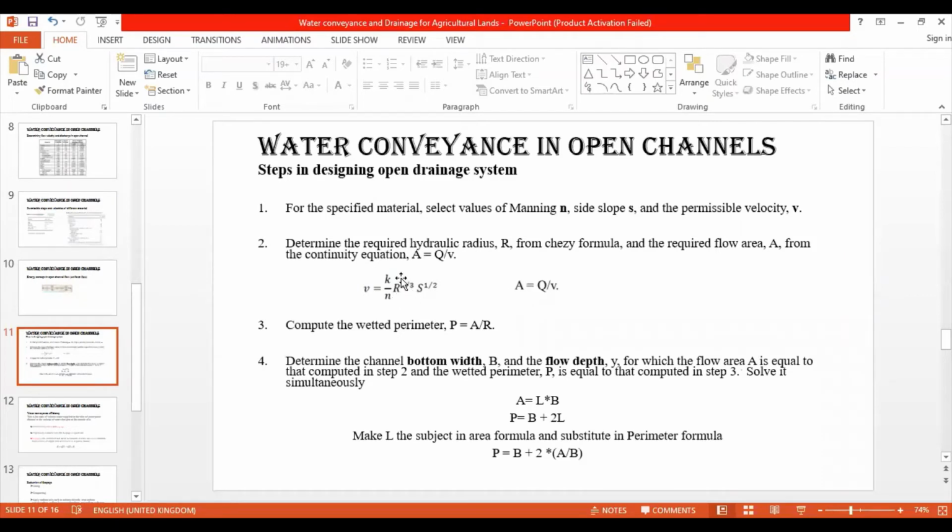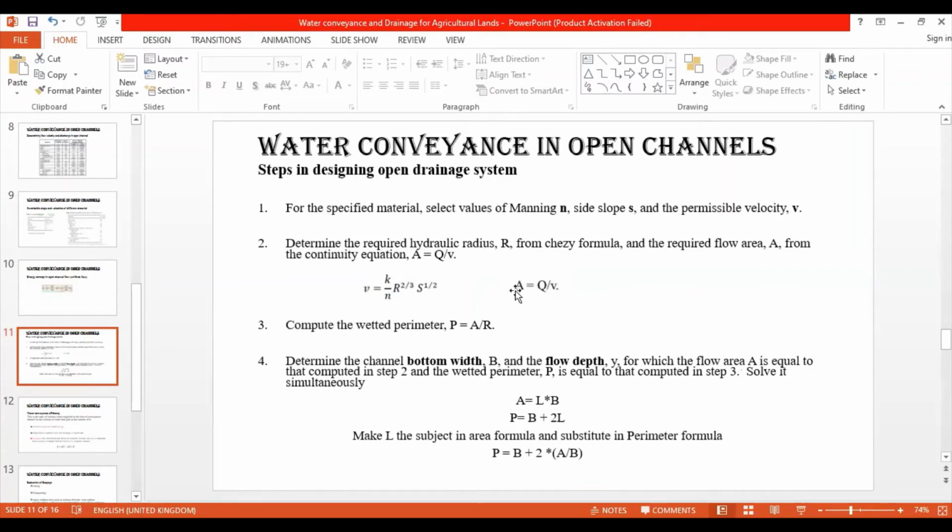Once you solve for your R, which is your hydraulic radius, you can also solve for your area, because you know that you need to deliver a certain amount of water, which is the discharge. When you divide the discharge by the permissible velocity, you get your area.